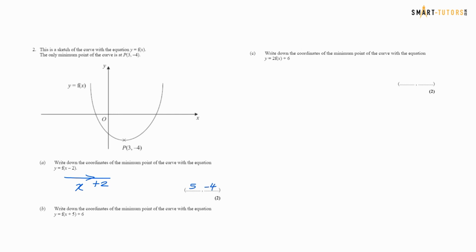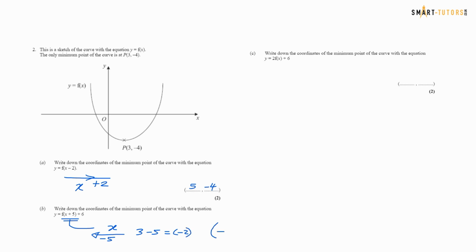Write down the coordinates of the minimum point of the curve with the equation y equals f of x plus 5, plus 6. X plus 5 means the x coordinate moves to the left, minus 5, right? So the x coordinate is going to be 3 minus 5, which is minus 2.